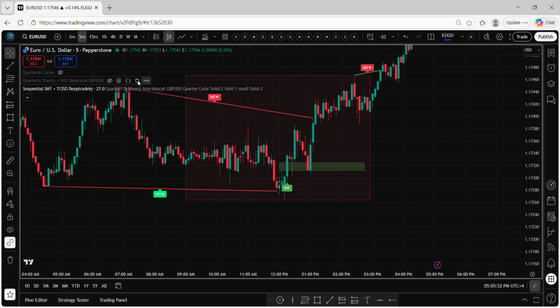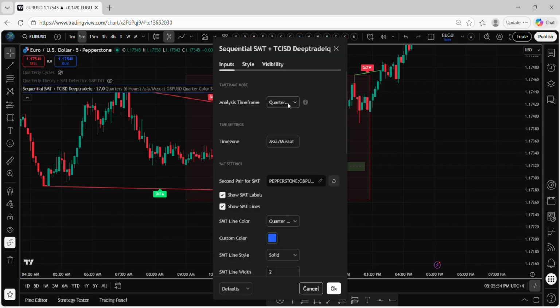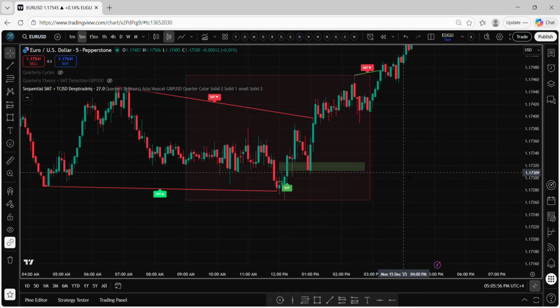If I am using the 6-hour quarter, I prefer entry on M5. It will show us an early entry. Maybe on M15 this entry will be the true change in state of delivery level around these levels, so our entry will be here.